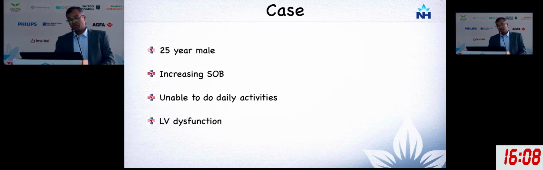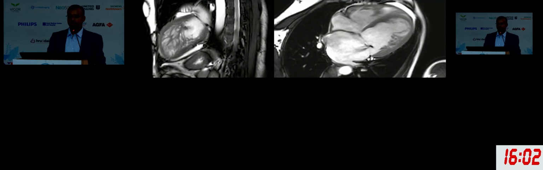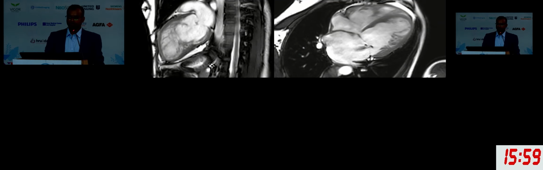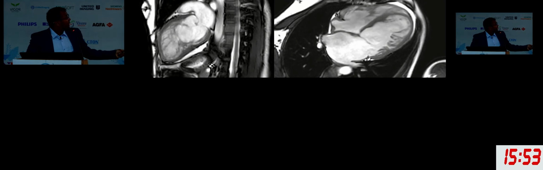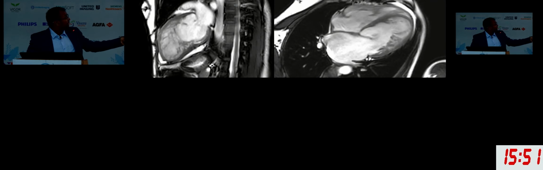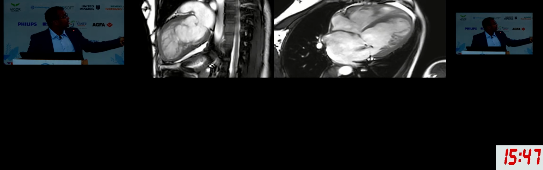A 25-year-old male, with increasing shortness of breath, who is unable to do daily activities, and this is what the cardiac MR shows. When you look at this, there is hypertrophy of the myocardium, but this myocardium doesn't look like a normal myocardium.